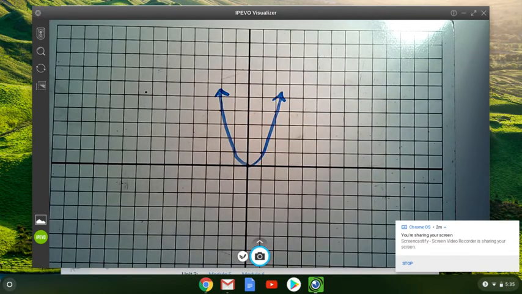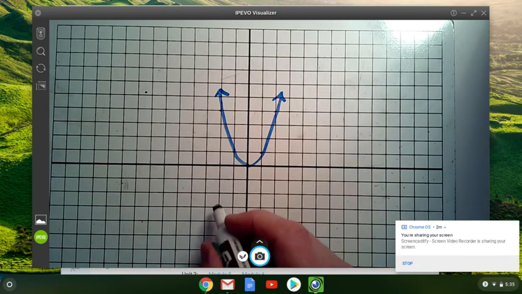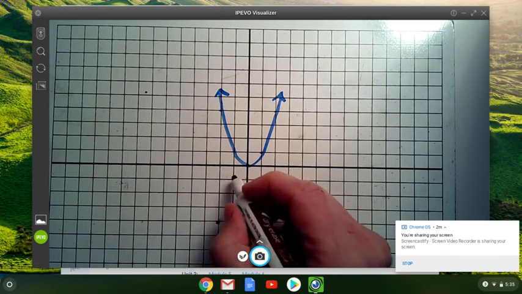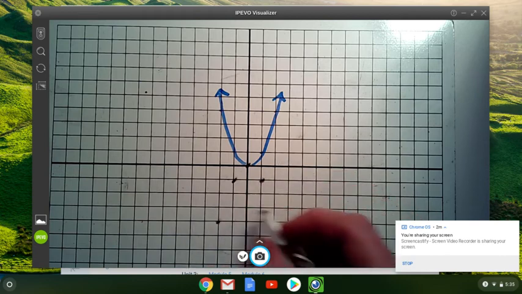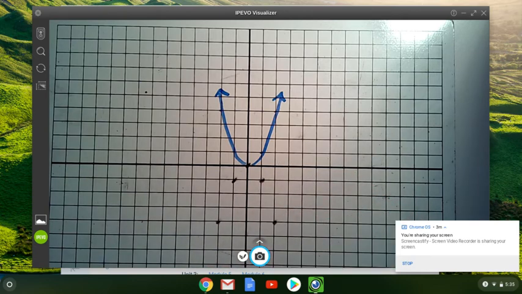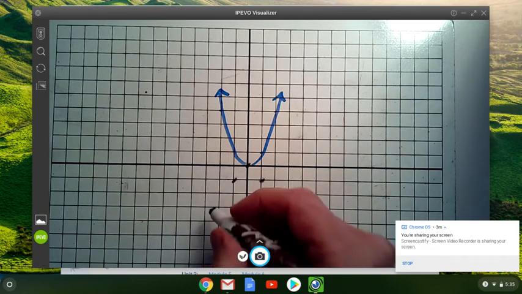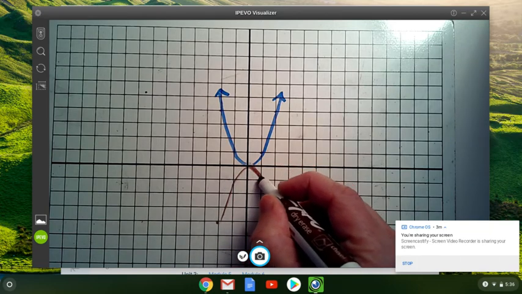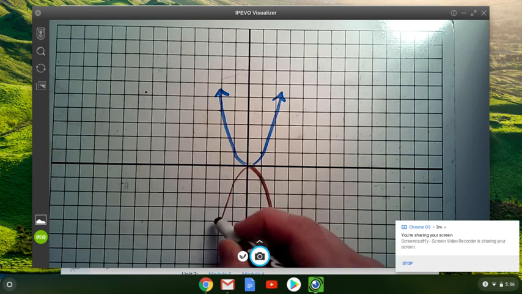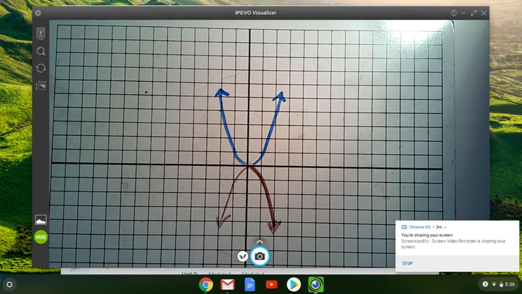Goes on forever. And then the other one was negative 2, negative 4, negative 1, negative 1, 0, 0, that's that vertex again, 1, negative 1, and 2, negative 4. So here we go. It's rounded. Exact same graph, just upside down.